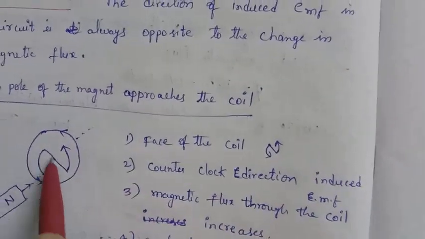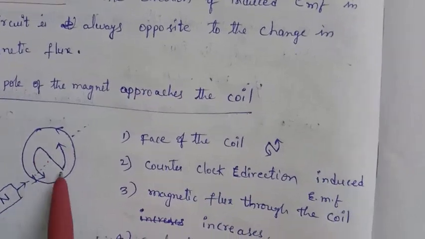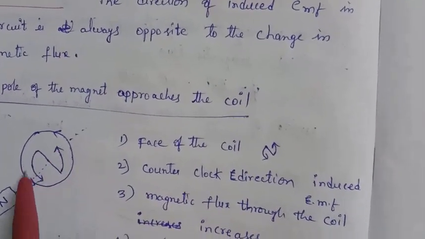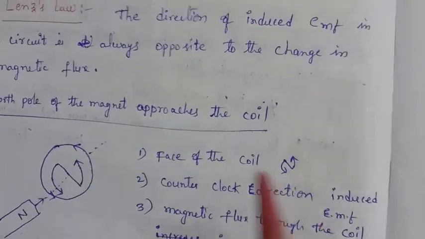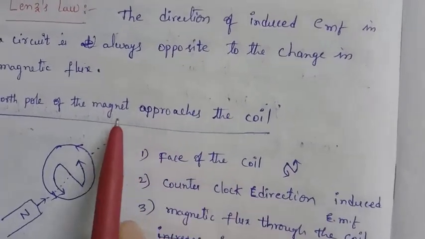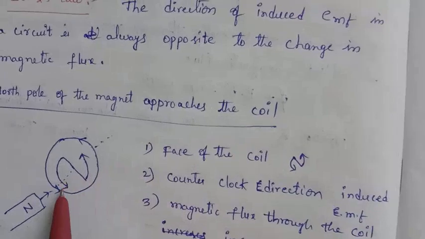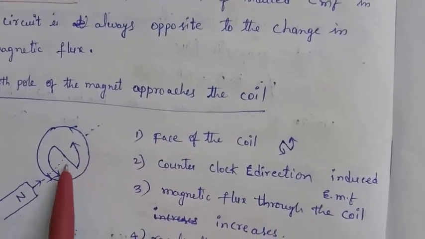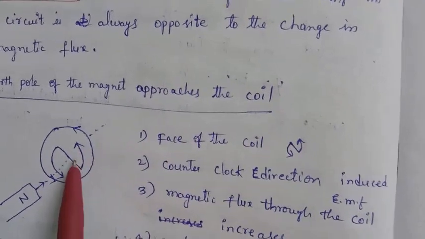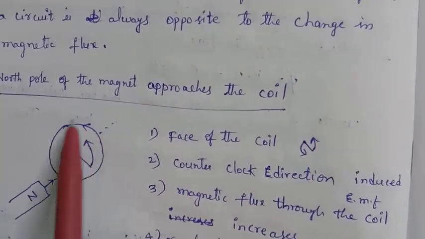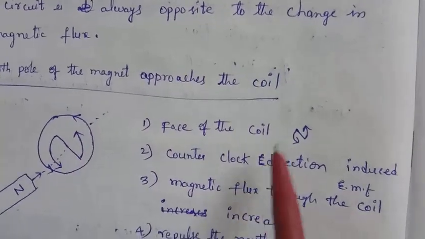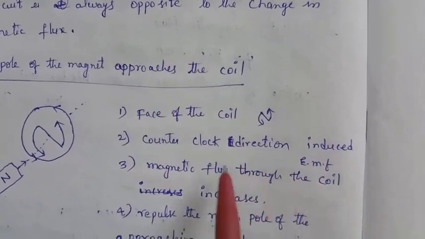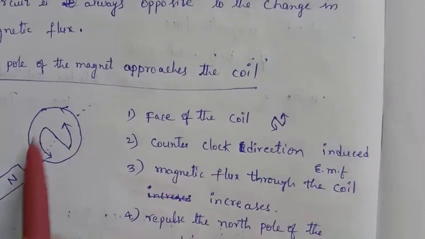So the face of the coil will behave like an N pole. When the north pole of the magnet approaches the coil, the face of the coil will be N, and the induced EMF direction is counterclockwise.